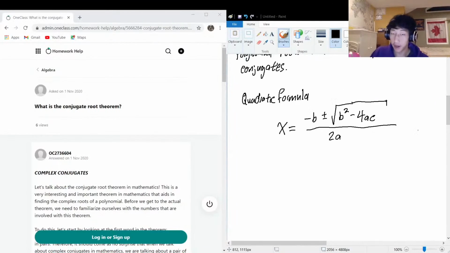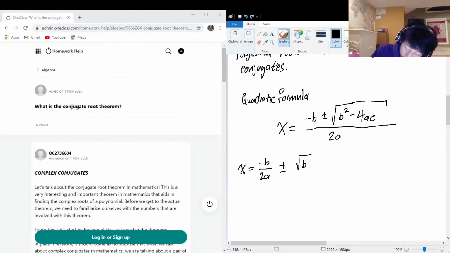Okay, now we can rewrite this like this. x equals negative b over 2a plus minus the square root of b squared minus 4ac over 2a.